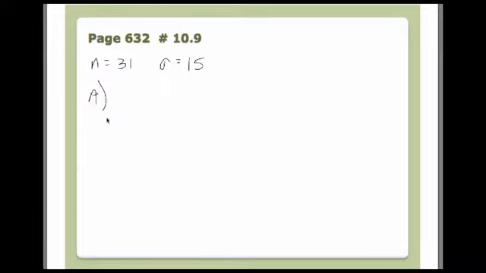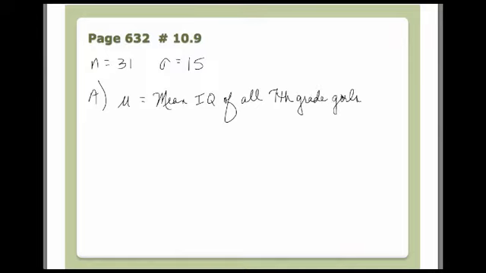All right, so our parameter is going to be mu, and that's going to represent the mean IQ of all 7th grade girls in the school district. So notice in stating that, we have the parameter. We also have the population of interest. Our population is all the 7th grade girls in the district.